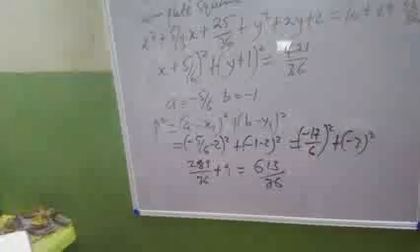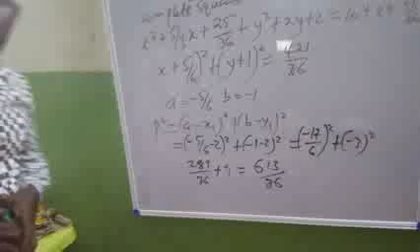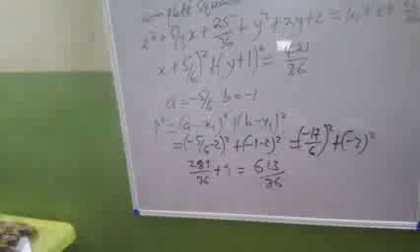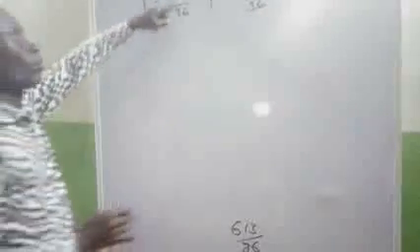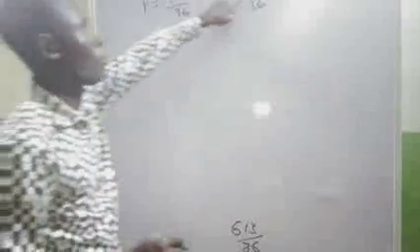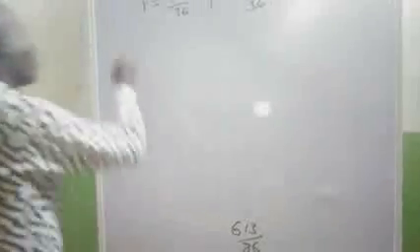So we have r squared is equal to 421 over 36, and p squared is equal to 613 over 36.